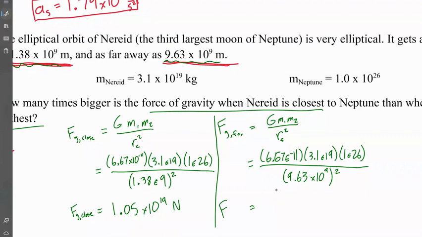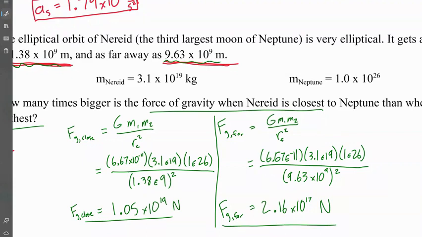All right, so the force of gravity when it is far, if we plug this all into our calculator, we get 2.16 times 10 to the 17th. It's a force, newtons. Okay, so you can actually see a lot here, right?